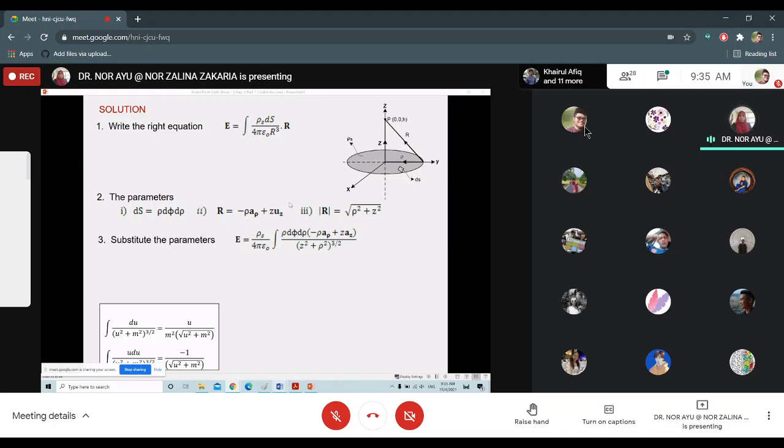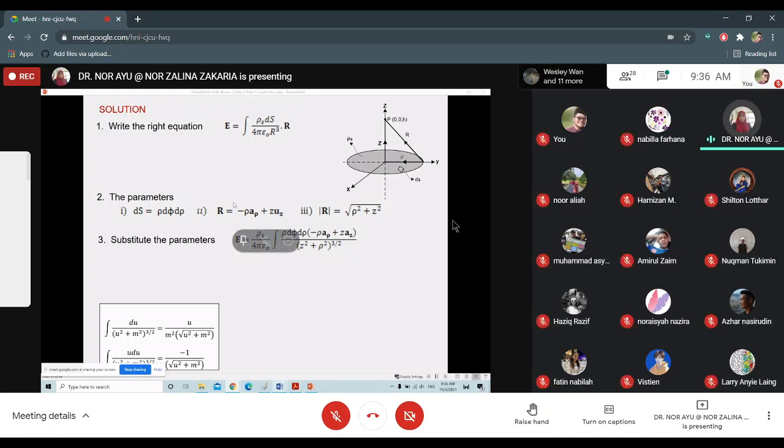Okay, so let's say the position P is somewhere here. What will be your R? Can someone answer me? Instead of here dekat atas, so now your P is down here. What will be your R?